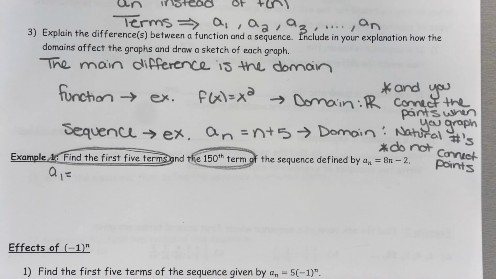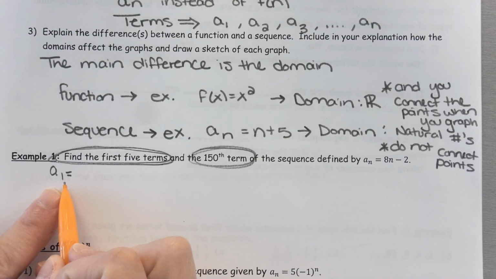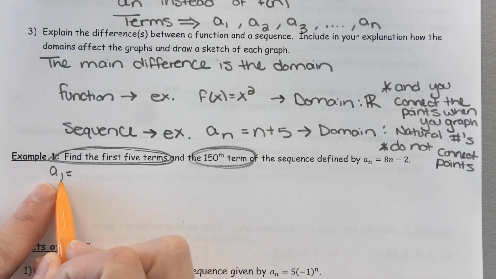So let's say we want to find the first 5 terms and also the 150th term. And this is our formula. Okay? So if I'm given that, let me get a pencil. When I go to find a sub 1, term 1, do you see how the 1 is where the n was?